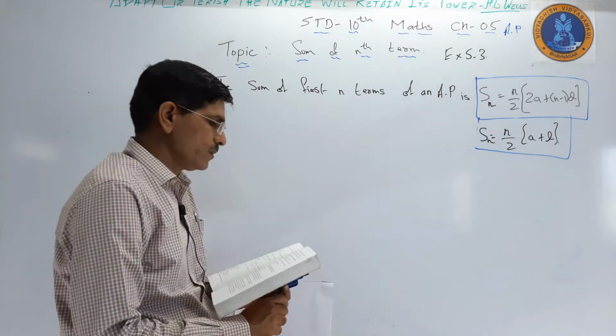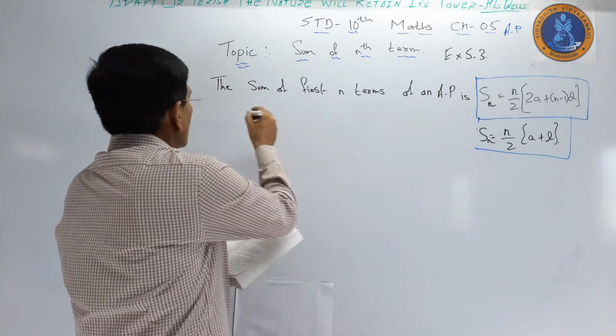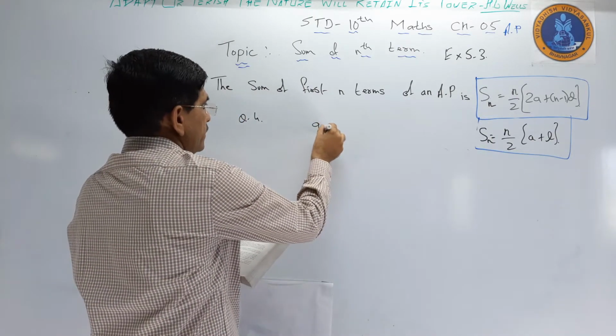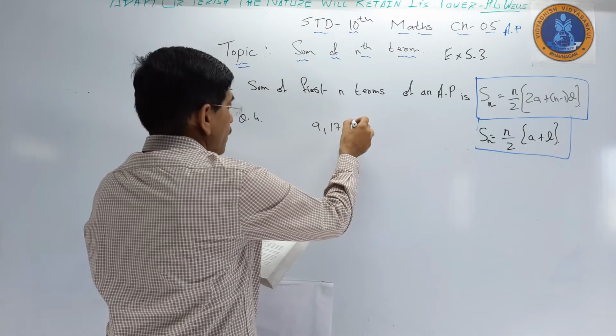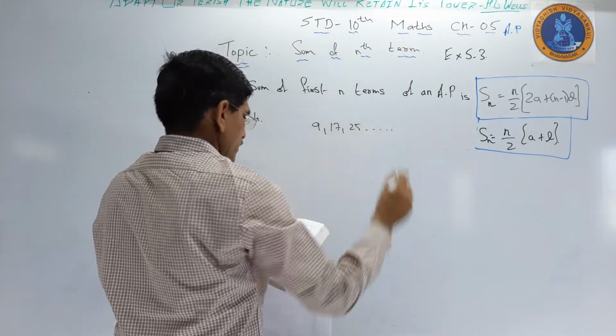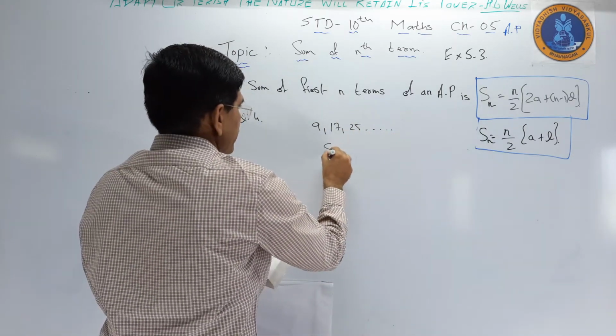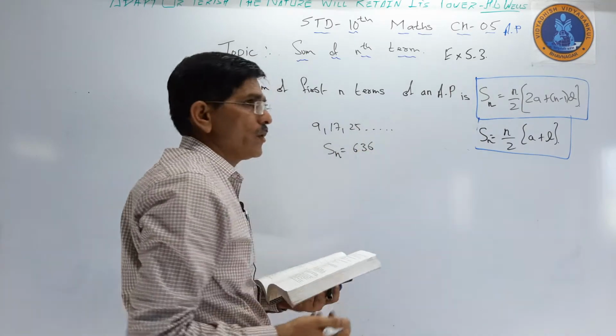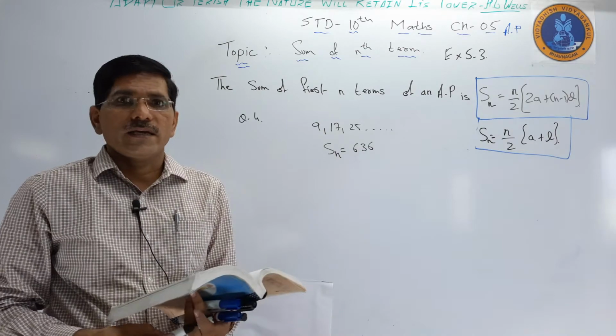So, let me do this type of sum. Question number 4: the AP is 9, 17, 25 and Sn is given as 636. Such types of sums are there.